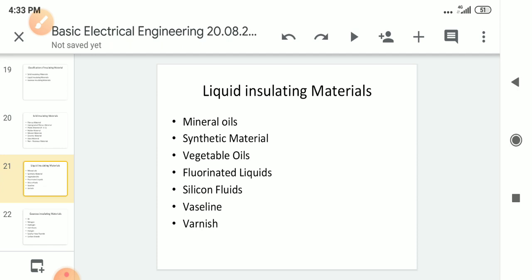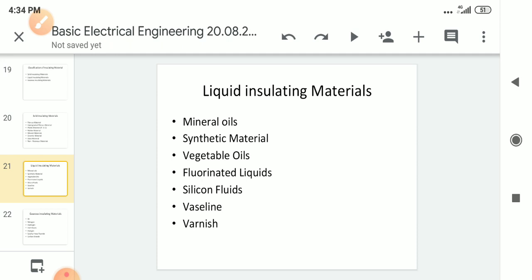So mineral oil is the best example for a transformer. After that, synthetic liquids, vegetable oils. Vegetable oils means obtained from seeds of cotton, sunflower, soybean, palm, etc. Sometimes these vegetable oils are also used as insulation material.